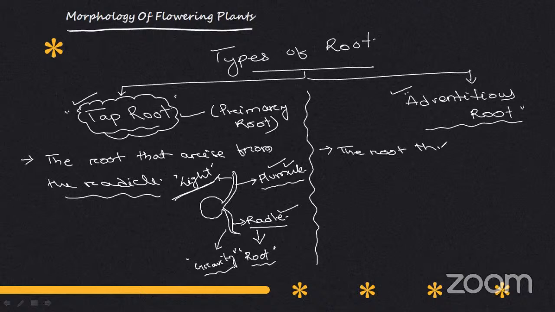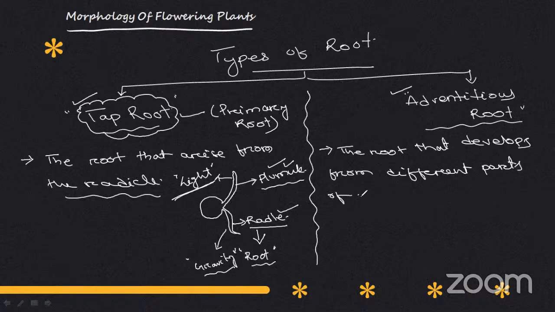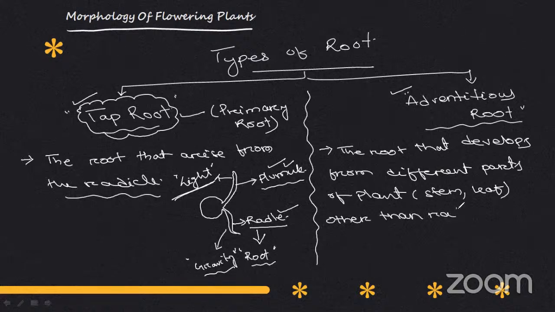The root that develops from different parts of the plant, like the stem or the leaf, other than the radicle.